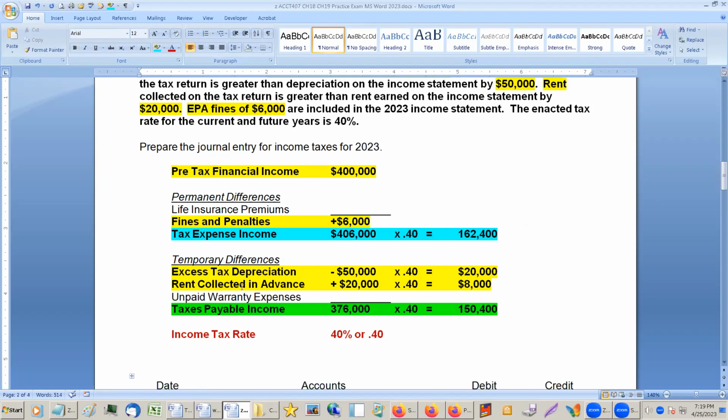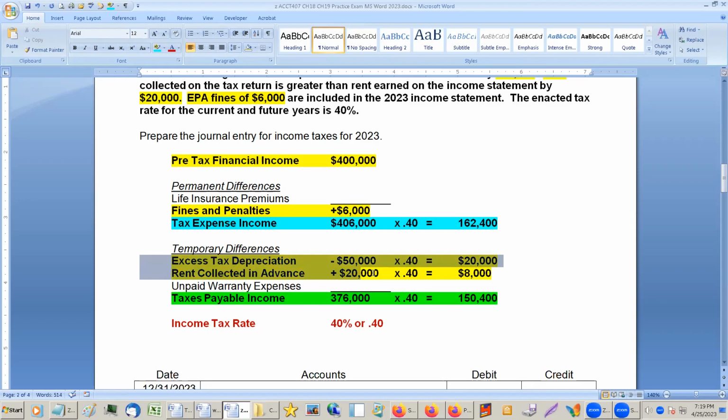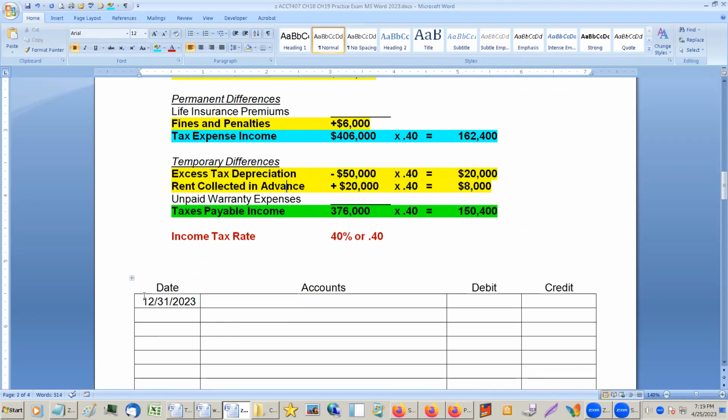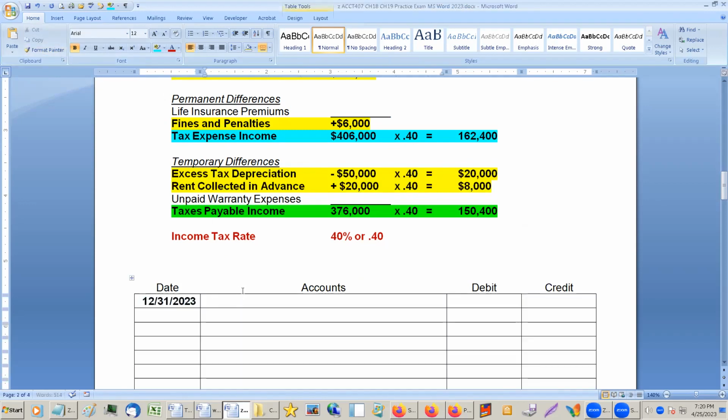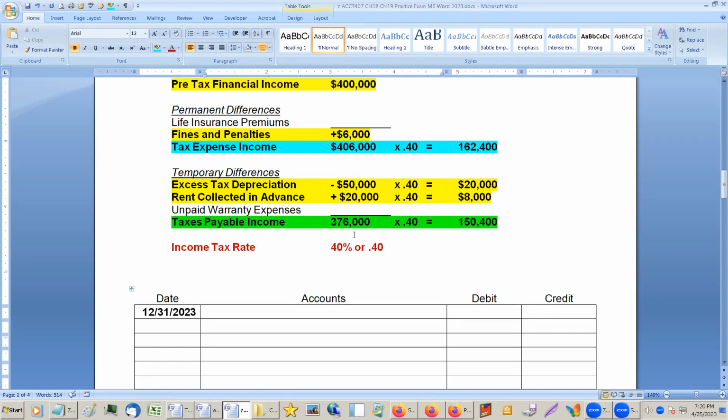Now, these two, be careful on these two because you're going to enter these separately, and I'll show you why in a second. Let's do the easy one. Tax expense, 162,400.